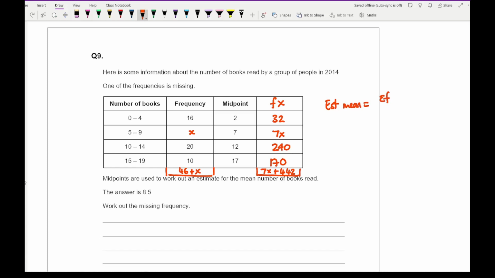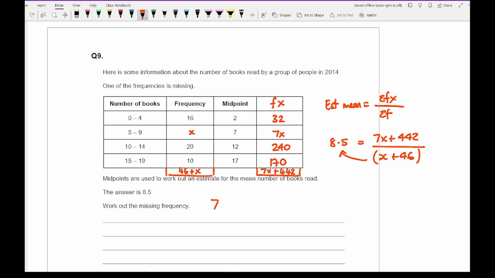So here the estimated mean is the total fx divided by the total f. So the estimated mean is 8.5, and the total fx is 7x plus 442 divided by 4x plus 46. Now if I put that in brackets, I'm going to take that to the other side.